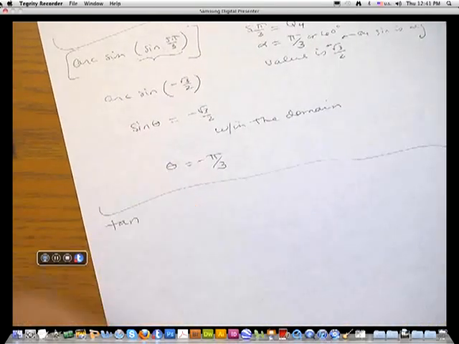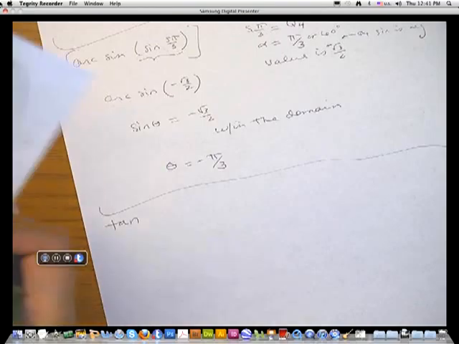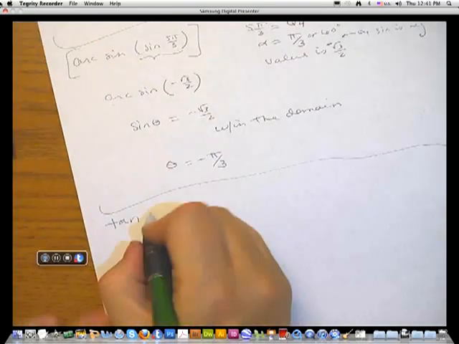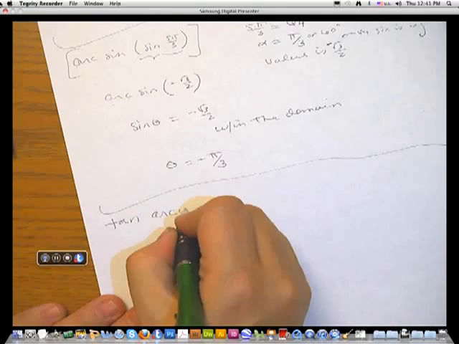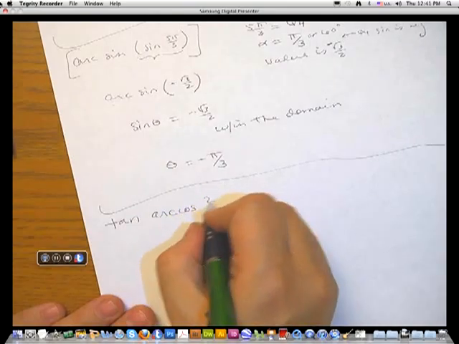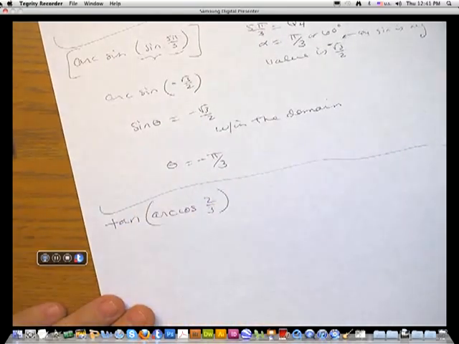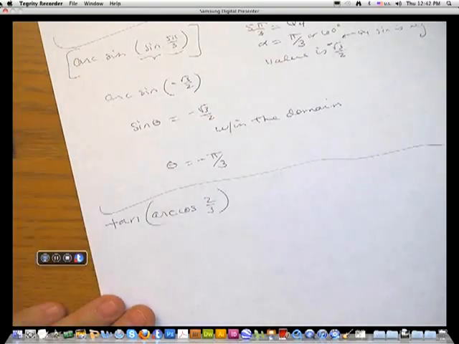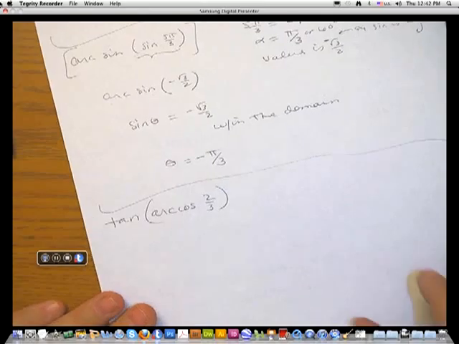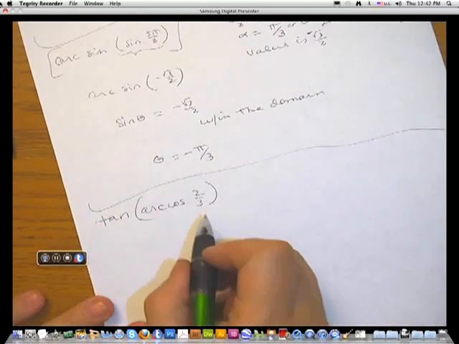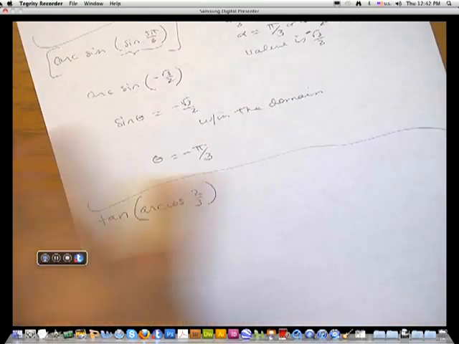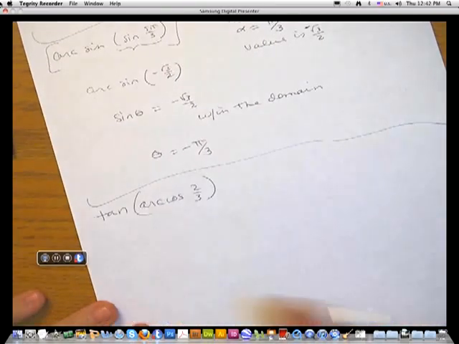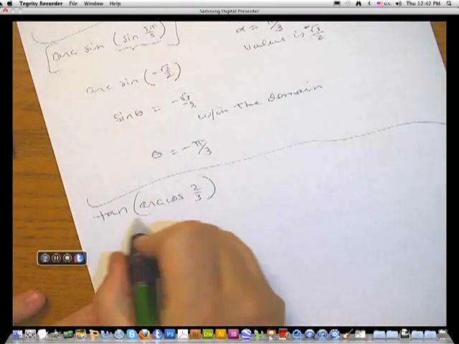Alright. Tangent arccosine of 2/3. Alright, I don't know 2/3. 2/3 is not one of my values, it's not an angle, it's not anything.